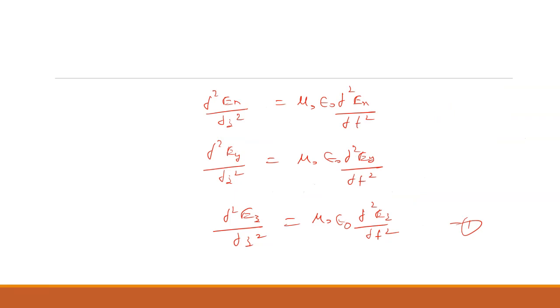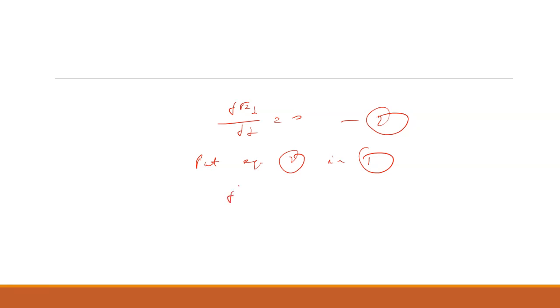Therefore curly Ez by curly z equals 0. This is our equation number 2. Now put equation 2 in equation 1. Then curly square Ez by curly t square equals 0.